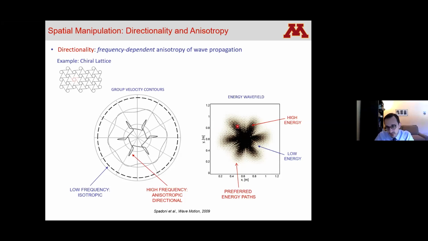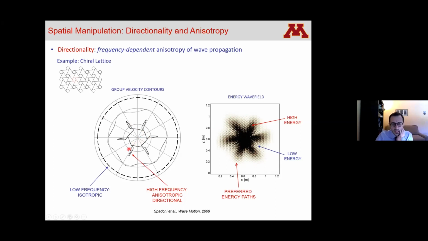Here the color is proportional to the accumulated energy at a given time instant, and I see that the energy has propagated predominantly along these preferred directions, which correlate to these particular loops in this representation for an excitation at that frequency.